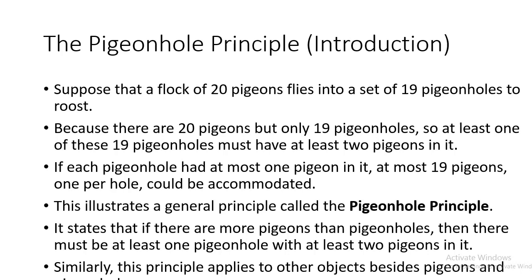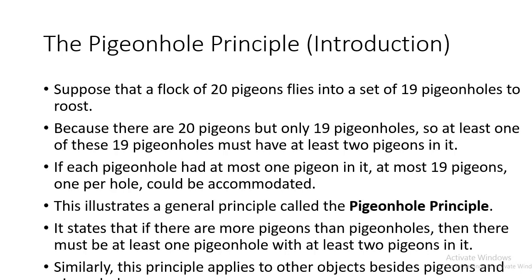So a flock of 20 pigeons flies into a set of 19 pigeonholes. There are 20 pigeons, but only 19 pigeonholes. This means pigeons are more, and pigeonholes are fewer than the pigeons. So at least one of these 19 pigeonholes must have at least two pigeons in it.